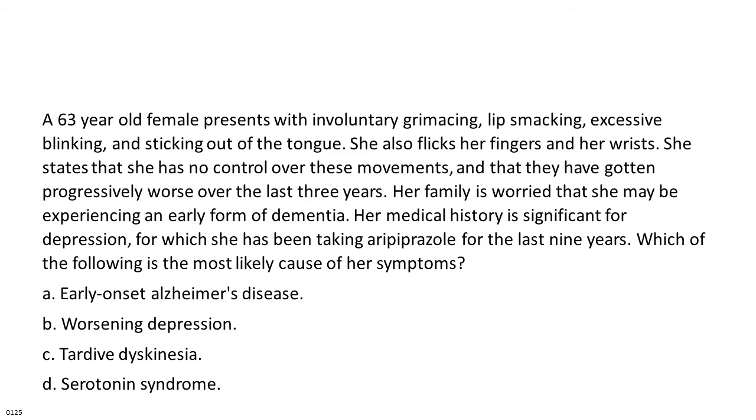Her medical history is significant for depression, for which she has been taking aripiprazole for the last 9 years. Which of the following is the most likely cause of her symptoms? A. Early onset Alzheimer's disease. B. Worsening depression. C. Tardive dyskinesia. D. Serotonin syndrome.